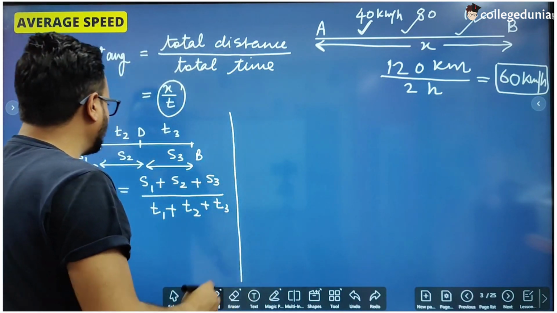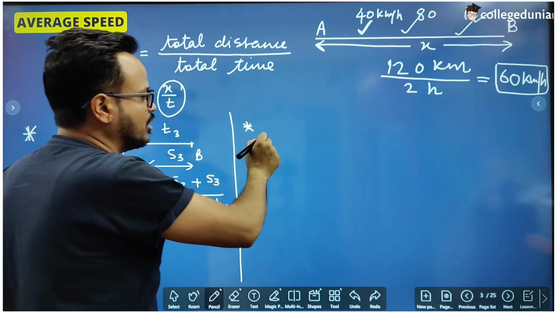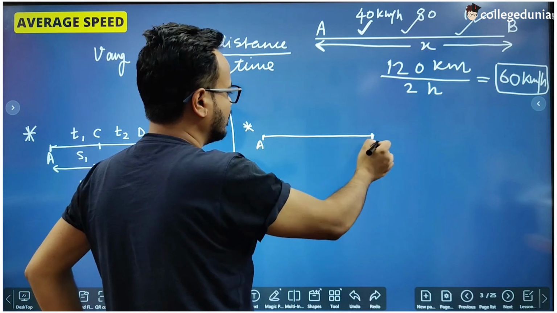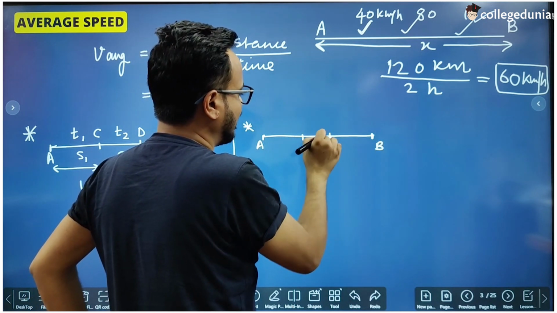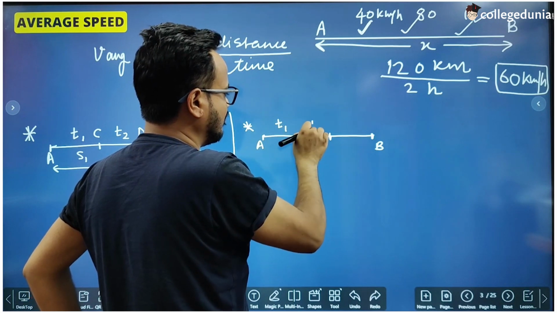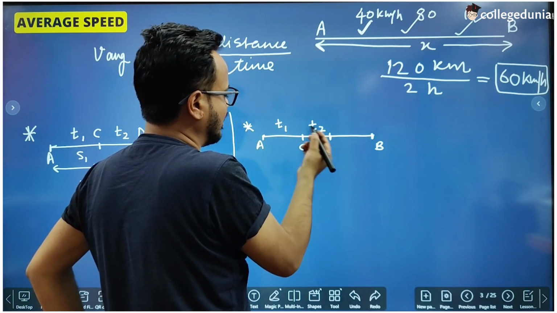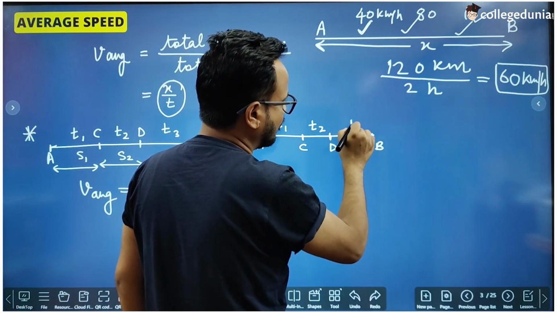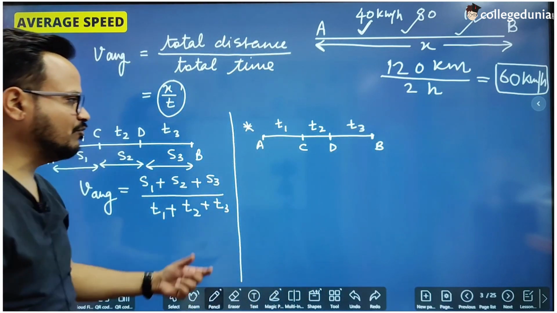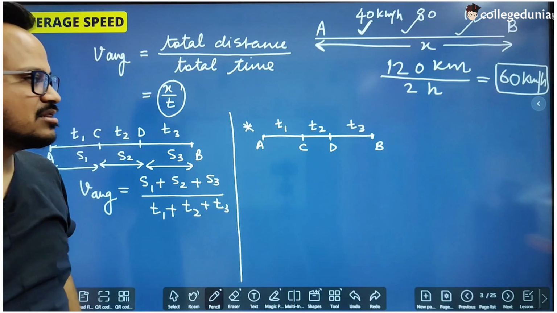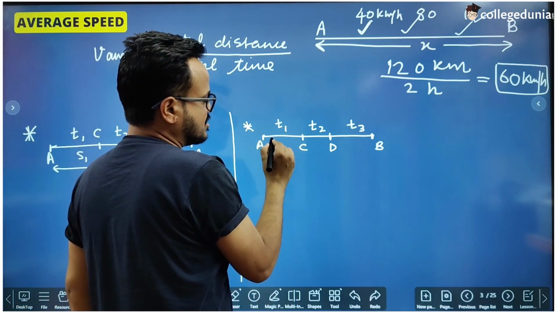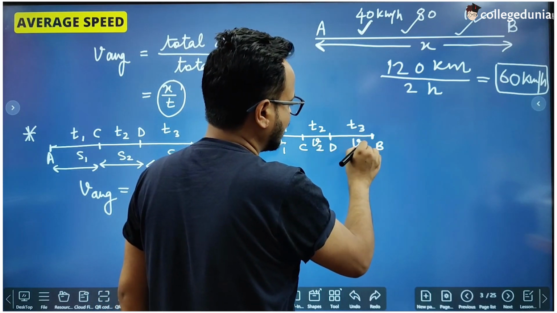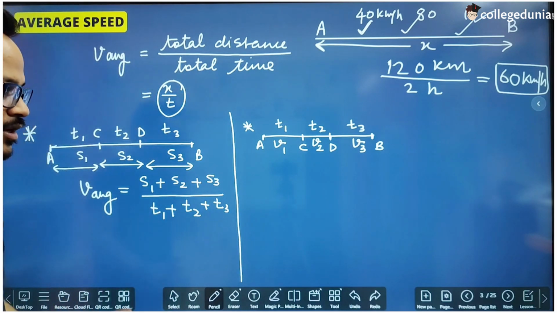In some numericals, it is given that the path of the body AB is divided into these 3 parts such that the time taken by the body is T1 from A to C, T2 from C to D, and T3 from D to B. But instead of these distances, it is given that the body has traveled the distance AC with speed V1, from C to D with speed V2, from D to B with speed V3, right?